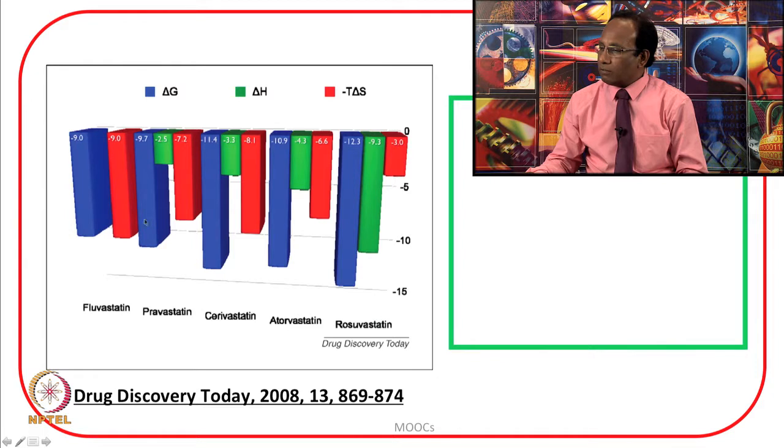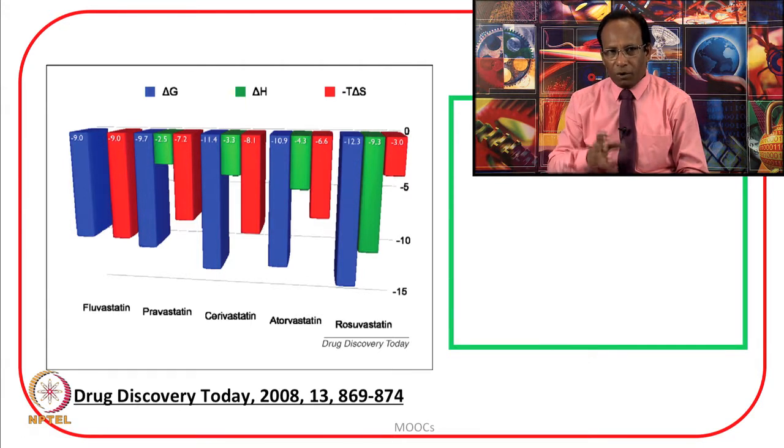And of course, we should at the same time not forget the changes in the entropy, but engineering binding affinity in a molecule in terms of enthalpy becomes much easier, as I will discuss later on.